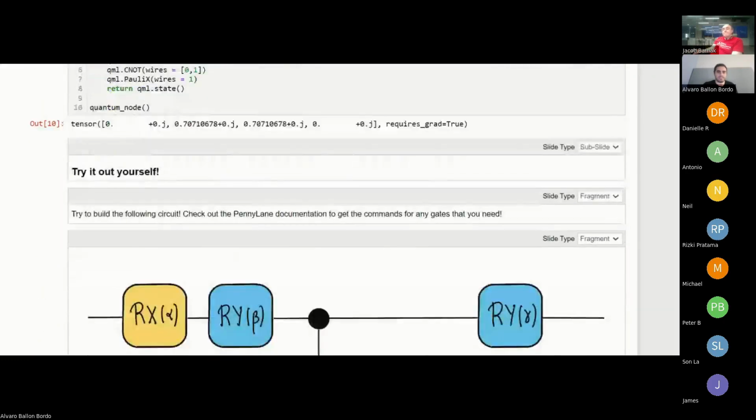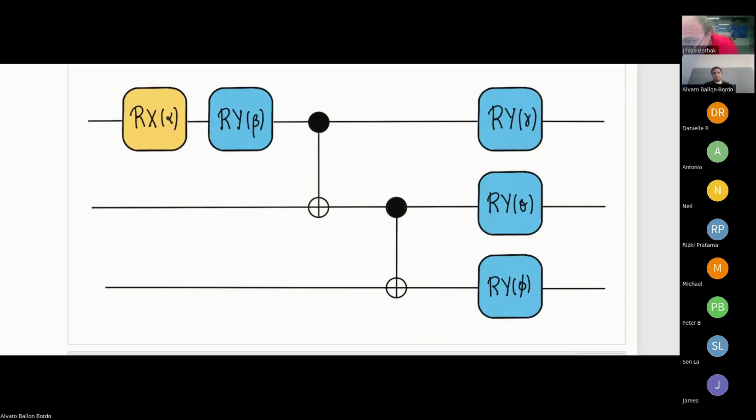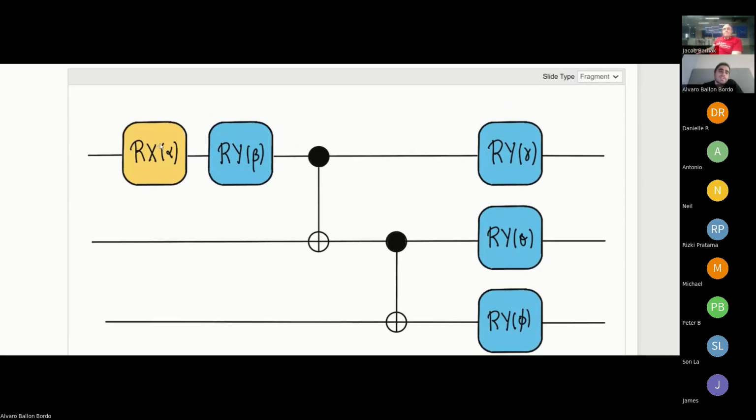Okay, this is pretty much what we've done so far. Now, what I wanted to mention, just to finalize, because we don't have much time to get really far, is that there are some gates that are actually parametric. The other ones were gates that do exactly one thing. But there are some gates that depend on a parameter, and they will do different things depending on the parameter that you put in them.